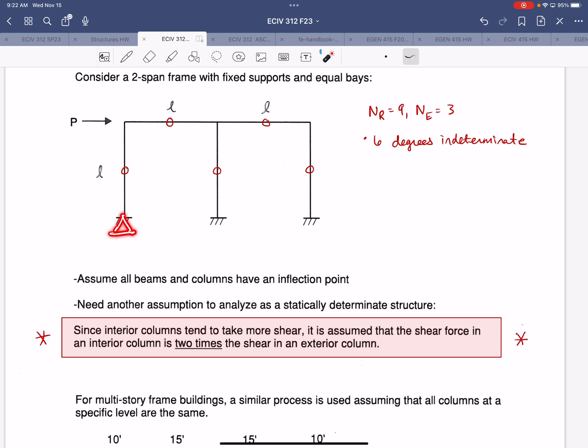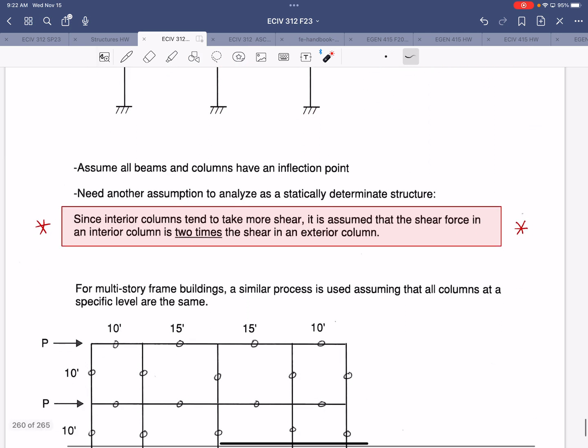Now, if you have members that are pinned at the base, then you don't have as much indeterminacy in the frame. In that scenario, we don't have a hinge in the columns that are pinned at the base because the hinge is basically down at the base with the pin support. So that's how we'll treat columns that are pinned at the base.